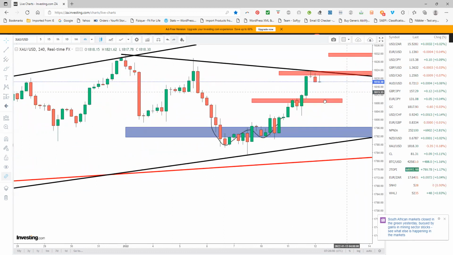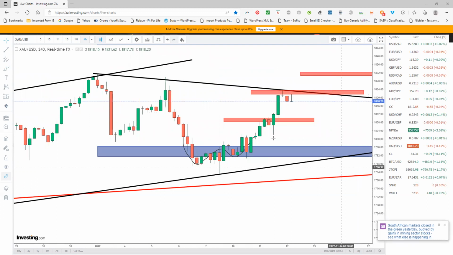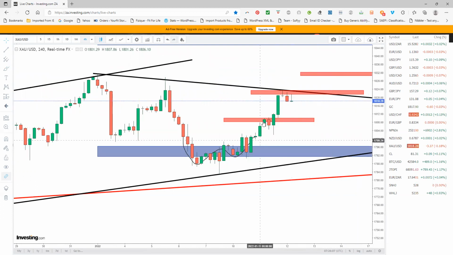So if we were trading 4-hour charts, which we're not, we're trading lower time frames. But we understand that price closed, dropped down to there, came back. Opened there, price dropped down to there. And then 1 push, 2 push, 3 push to there.